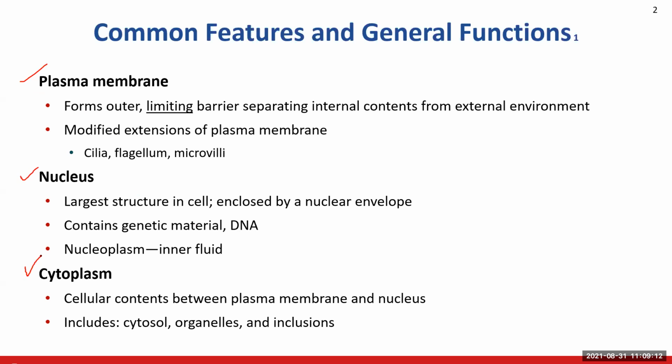The nucleus is this big ball that's inside the cell. It's referred to as the control center. It's sometimes in the middle, sometimes it's to one side, at the bottom of the cell, whatever. And then the space between the nucleus and the plasma membrane, that's the cytoplasm. We'll talk about the components of the cytoplasm, all right?